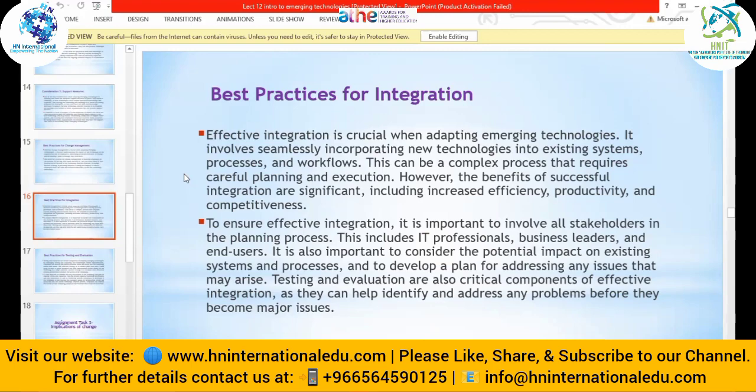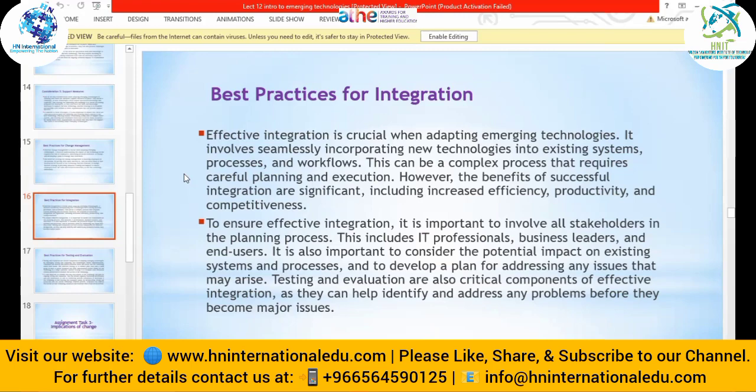Now, if you have a stakeholder or a person who is an expert in integration of new emerging technologies, who has all the knowledge, and you include that person in your plan for addressing any issue, he can tell you that if we are going to attach this device or this supporting device to an existing device, it can cause these types of minor issues.